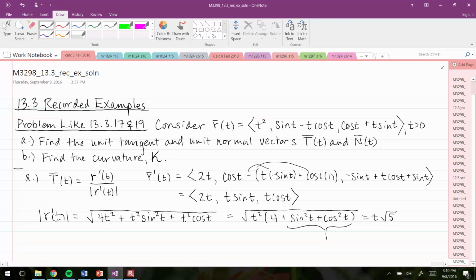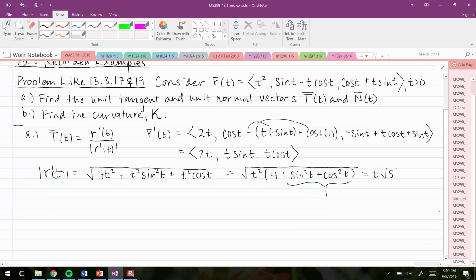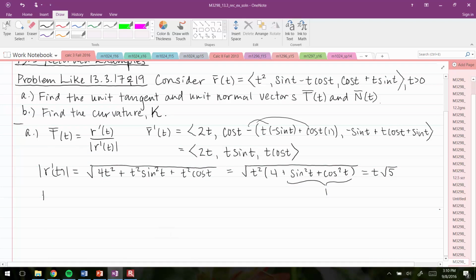Alright, so now we can plug this stuff into our unit tangent vector, big T. And so now what we'll have, copying down the vector 2t, t sine t, t cosine t, over just t times the square root of 5.